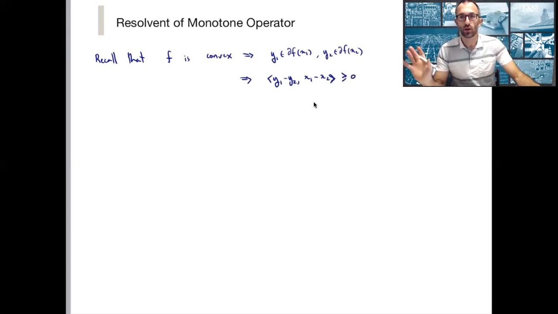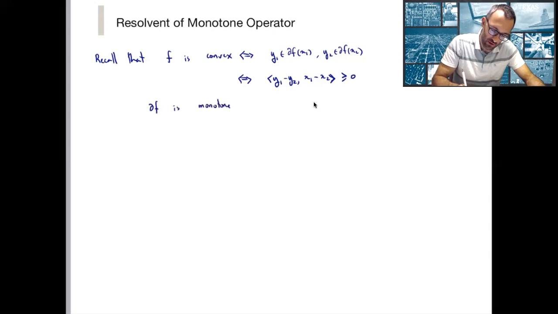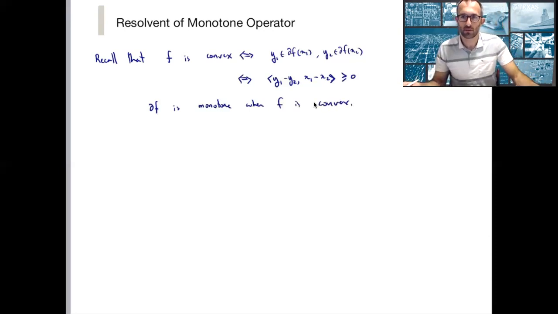And in fact, we also worked hard to show that the other direction is also true, so this is an if and only if condition, which we called monotonicity. So I'll just summarize this by saying that this is monotone when f is convex.